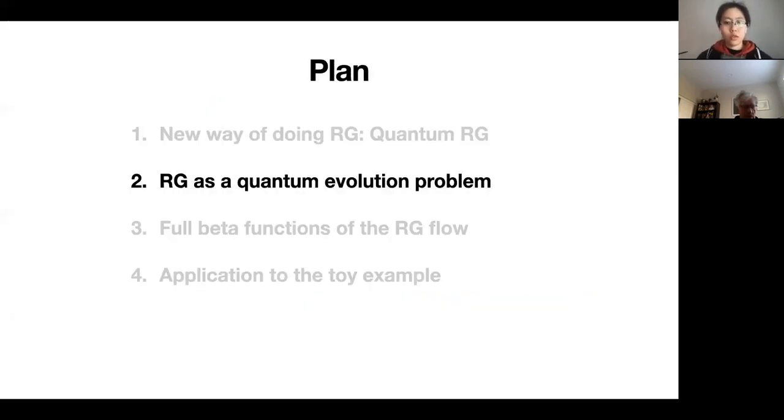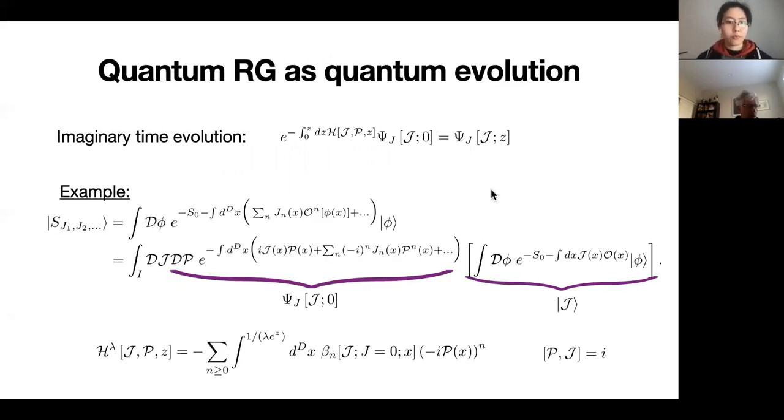Okay, so with that knowledge about the quantum RG, now let's study the RG process as a quantum evolution problem. As we see, the wave function of the single trace coupling gets evolved, and this evolution can be realized by a linear operator generated by the so-called induced RG Hamiltonian.